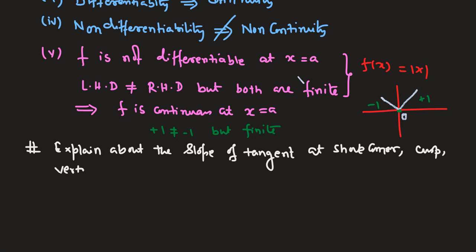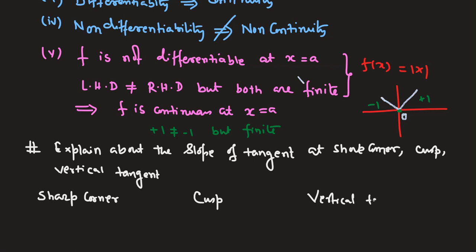So in these three cases, what actually happens to the slope of the tangent? The first point is sharp corner, the next point is cusp, and the third point is vertical tangent. Now let us try to understand from the diagram.